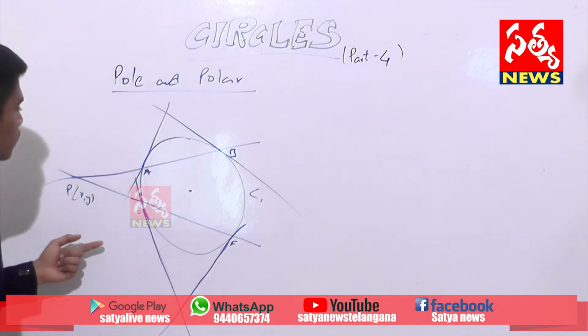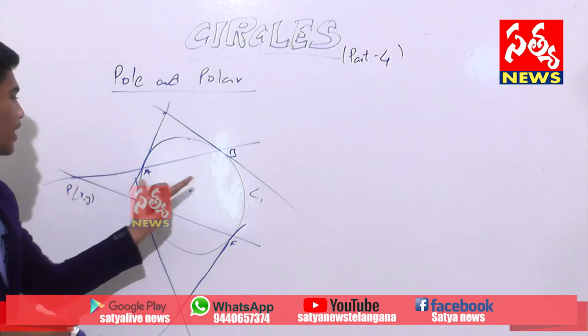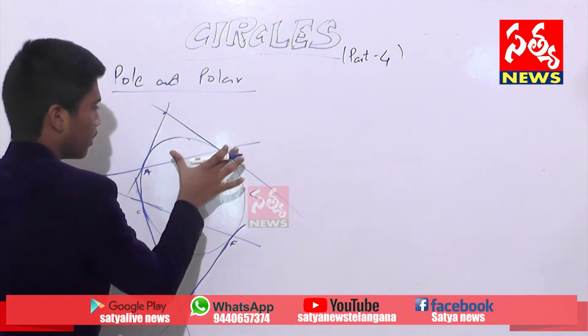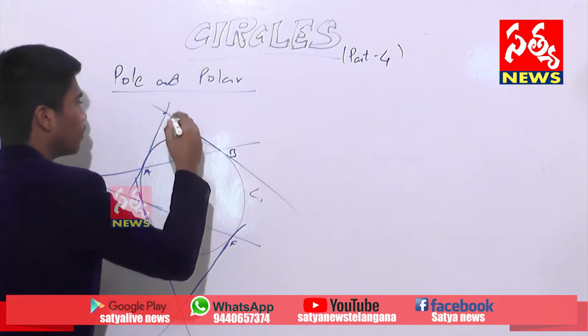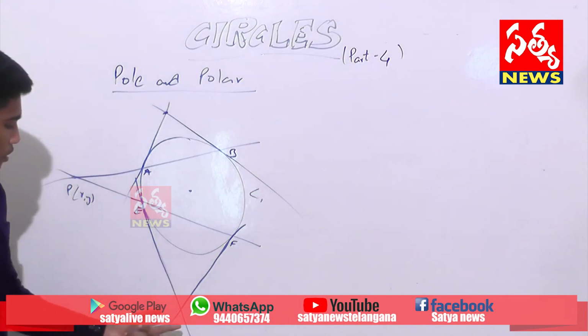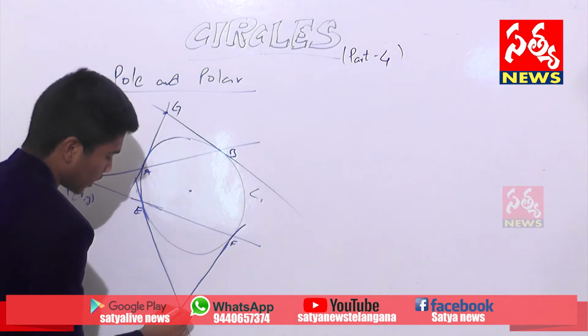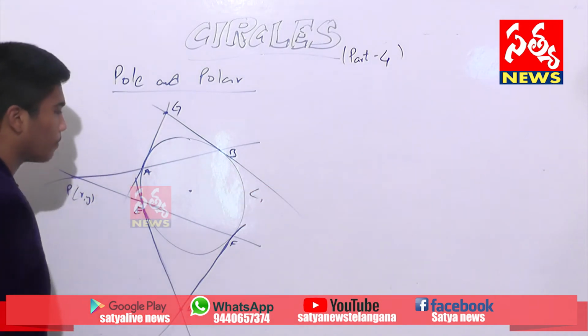Now, if you see here, the intersection of the tangents from A and B, and the tangents from E and F are intersected at, let's mark them as G and K.